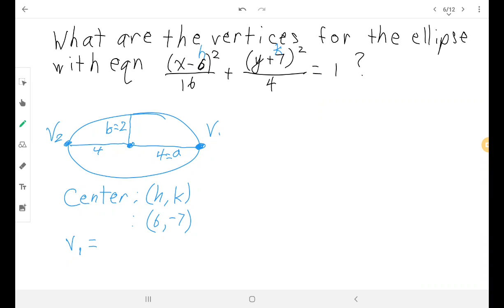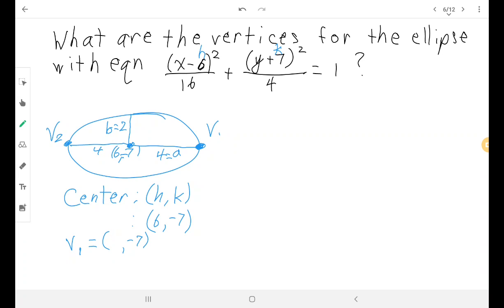So the idea is that I started at 6, negative 7, and I moved in the x direction a distance of 4. What I didn't move at all was in the y direction. So in the y direction, the vertex stays at negative 7, right?